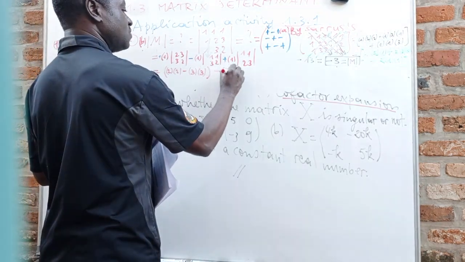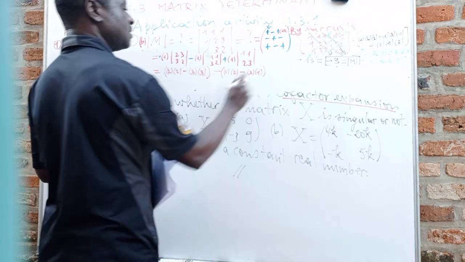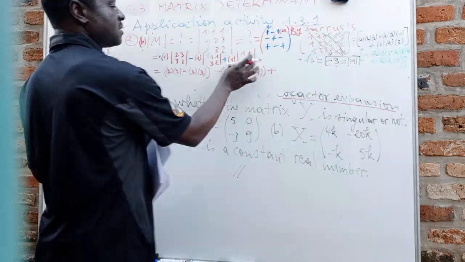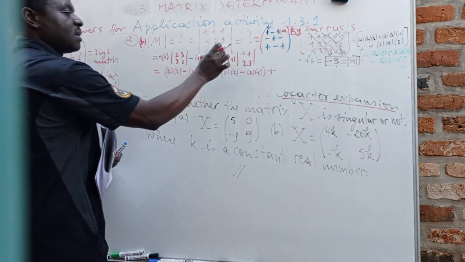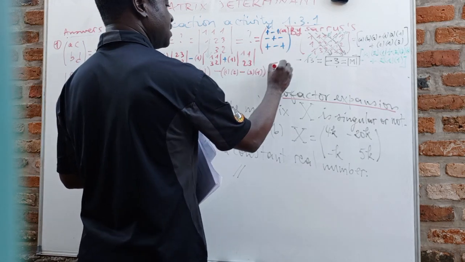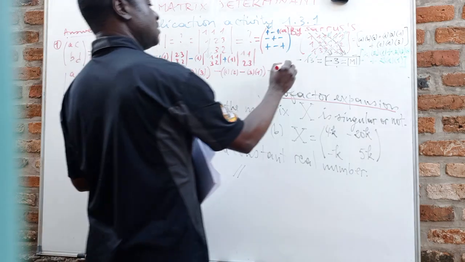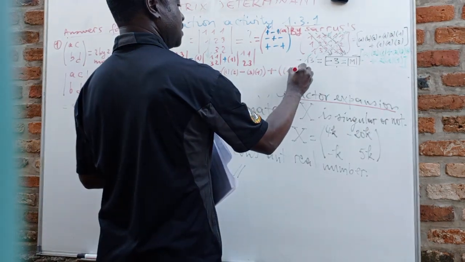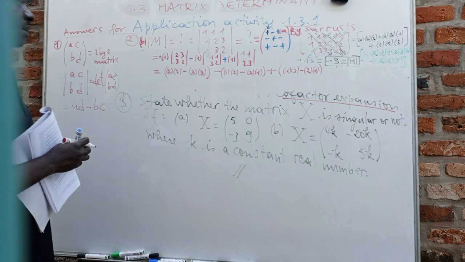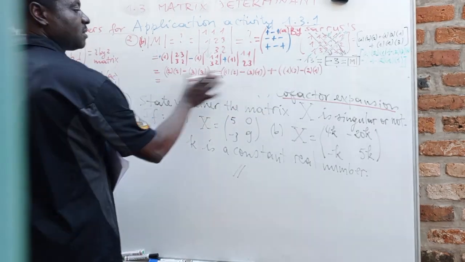Product 1 times 2 minus now 3 times 1. Third term, I add, so times 1, so no change. When you multiply by 1, there is no change, and then I have this 2 by 2 determinant: 2 times 3 minus 2 times 1. So that is the next term, 3 terms.